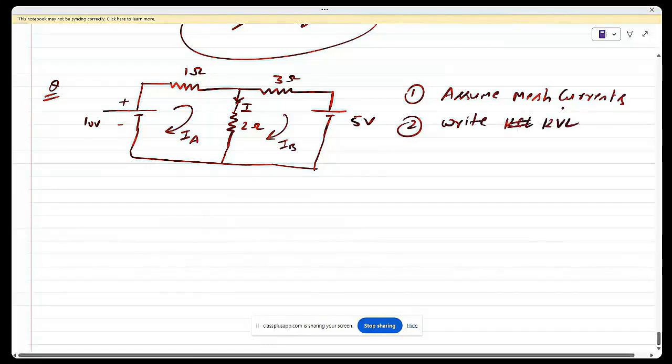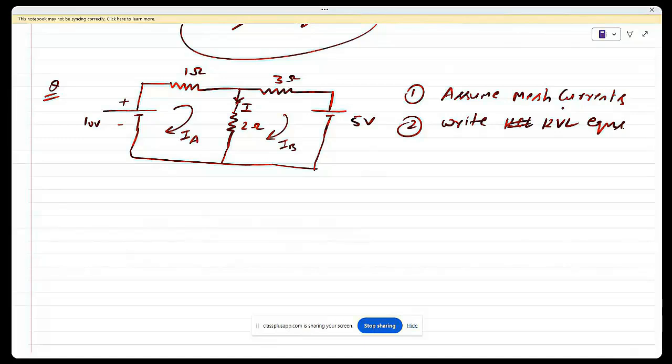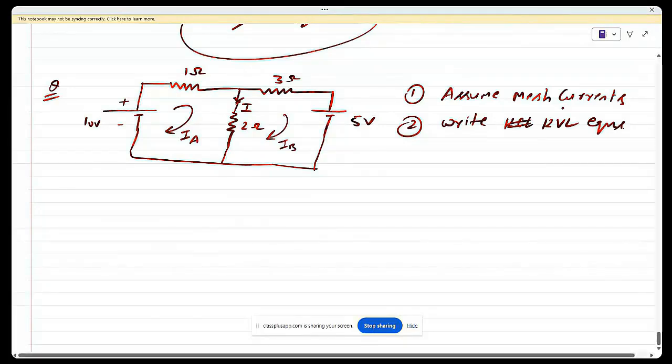Step number 2, write KVL equations. Okay. So KVL equations means now listen carefully. Just move with the direction of IA, and the direction of this IA current is clockwise. What is the first sign you are encountering here? Minus. So write minus. What is the magnitude of the battery? 10. Now this current is entering this 1 ohm resistance.